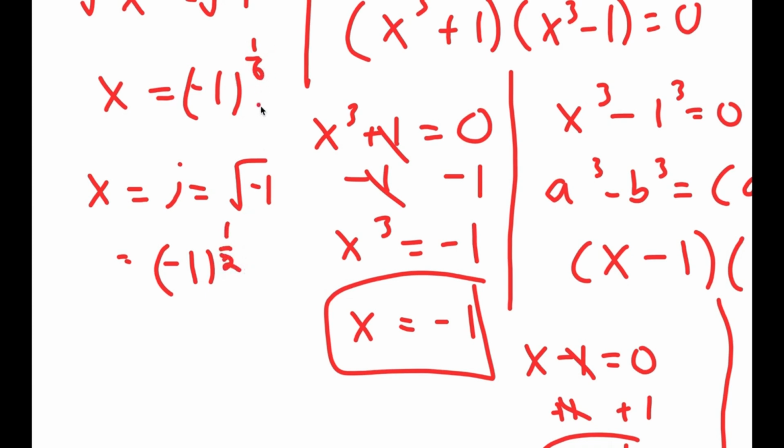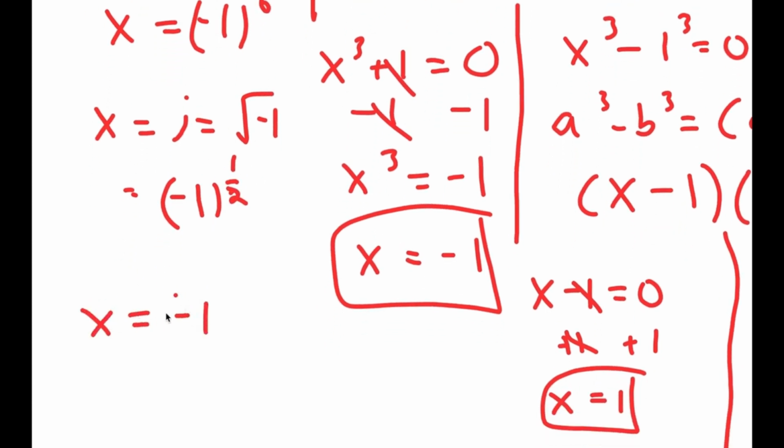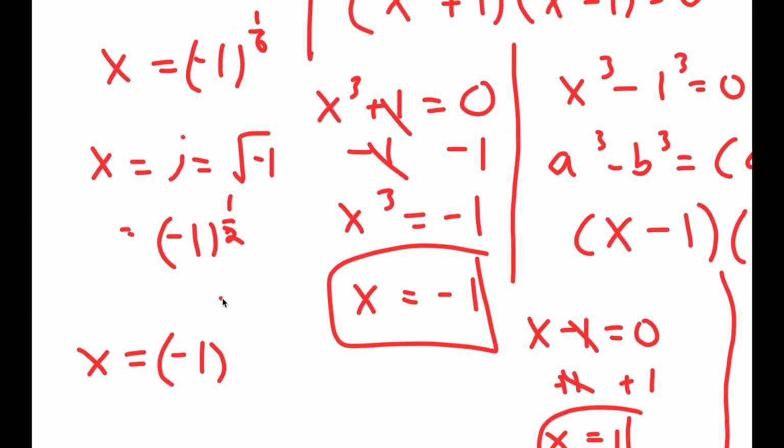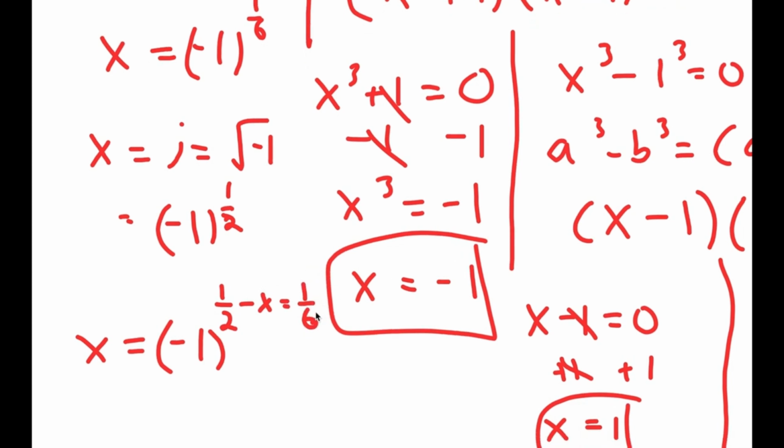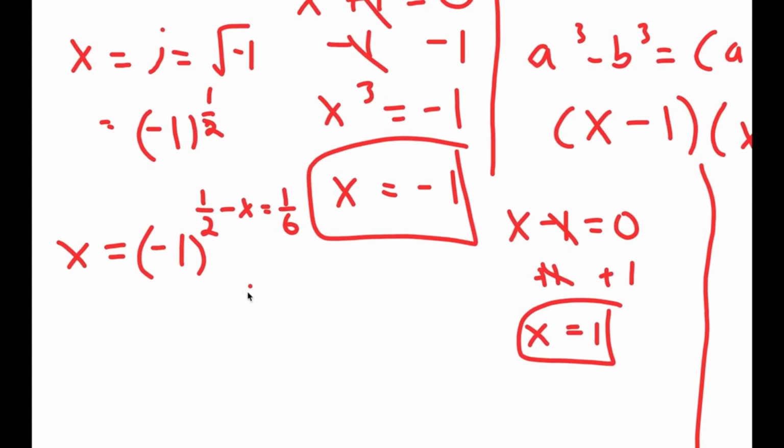So -1 to the power of 1 over 6 is the same thing as -1 to the power of 1/2 minus something. So now, 1/2 minus 1 over 6 is equal to 1 over 3.